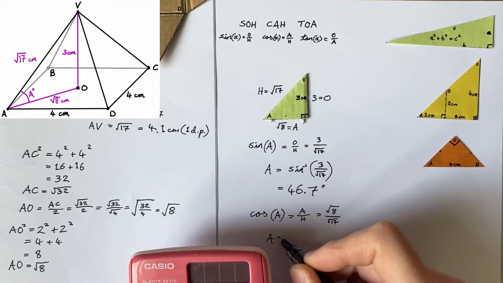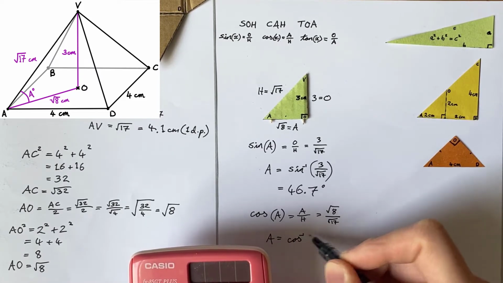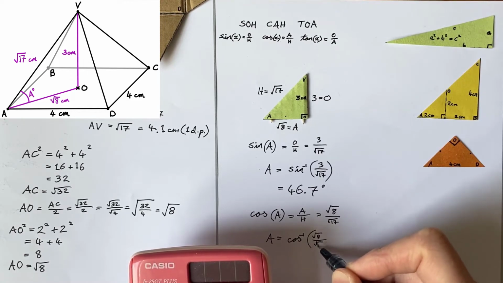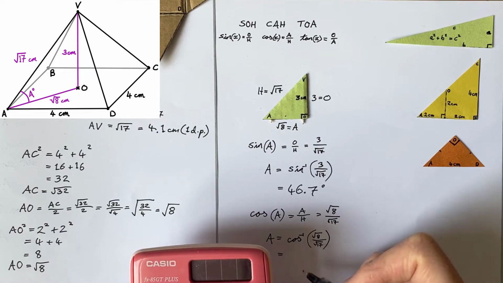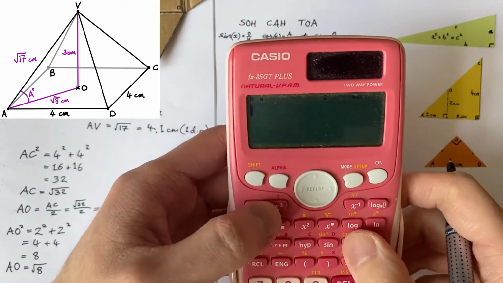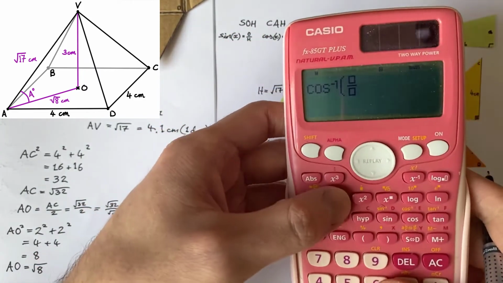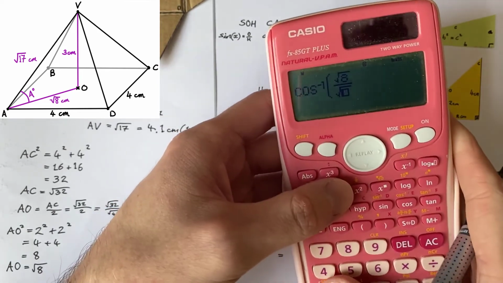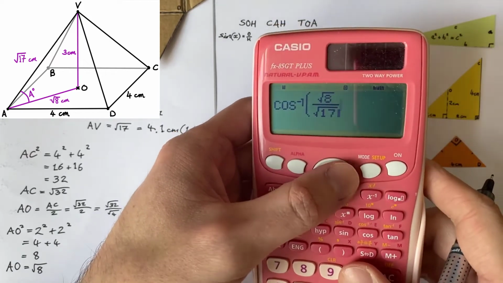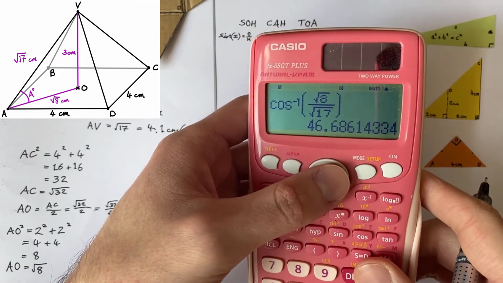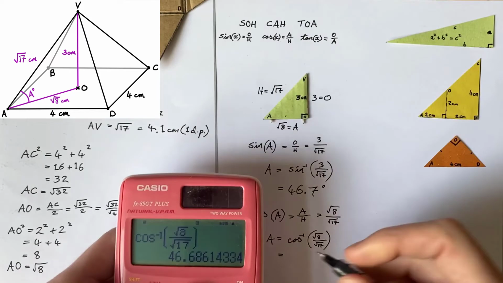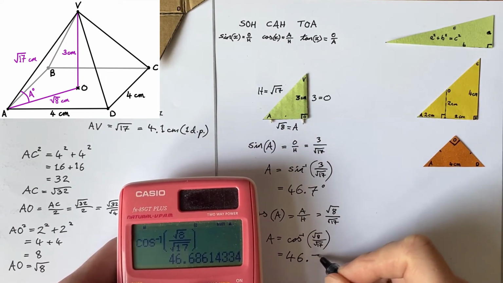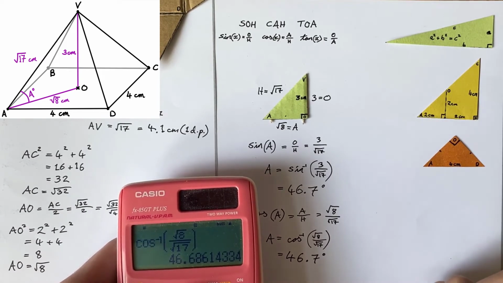And then if I want to find out A on its own, do the inverse function of cos to that fraction. So inverse cos of square root 8 over square root 17. And again, that's equal to 46.7 degrees. Sorry, just degrees, not degrees Celsius. 46.7 degrees for the angle.